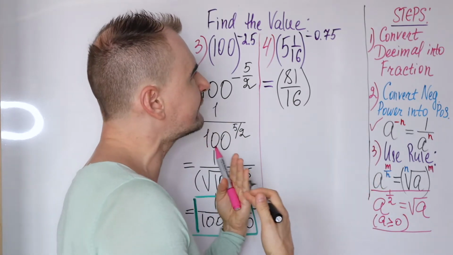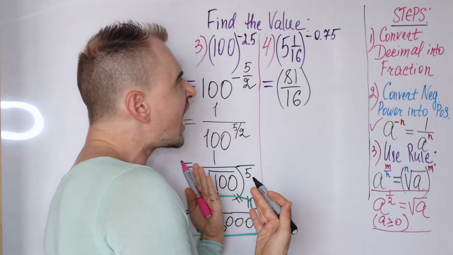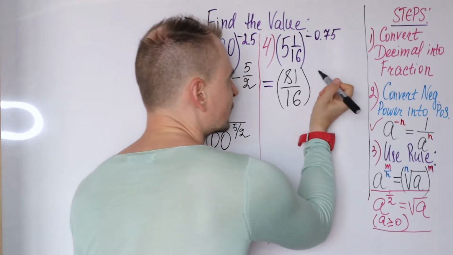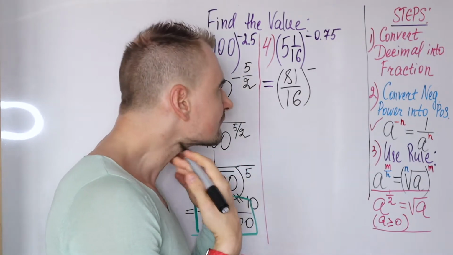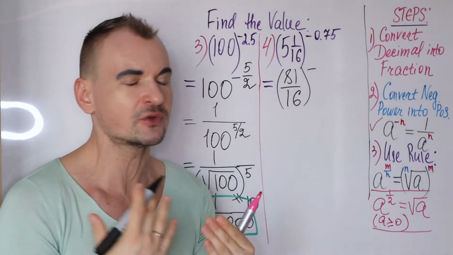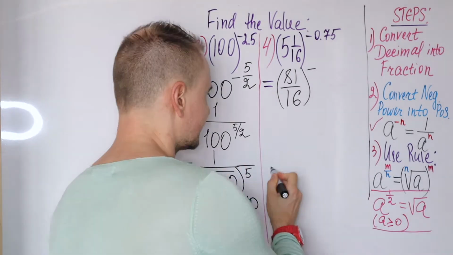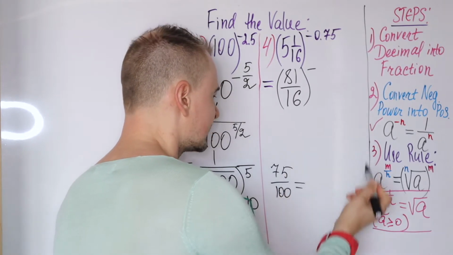So the first one, convert the decimal into a fraction. So 75/100. Keep in mind that you still have to carry down this negative sign in front of your power, or exponent. So 75/100, you could write it off to the side.